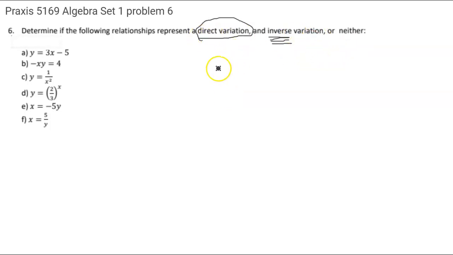Let's get direct variation though. The variation part means one changes with the other, and the direct means it's just a multiple. So a direct variation relationship has to be of the format y equals kx. K is some number. Let's say it's 7. So y equals 7x, that's a direct variation because when x changes, let's say from 0 to 10, multiply by k, y changes from 0 to 70.